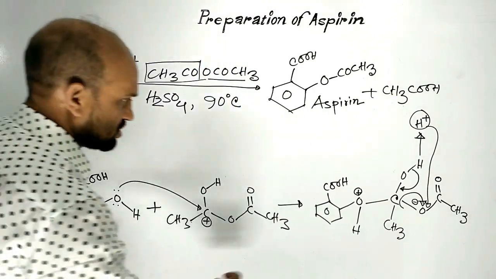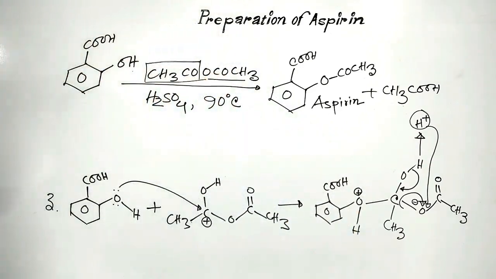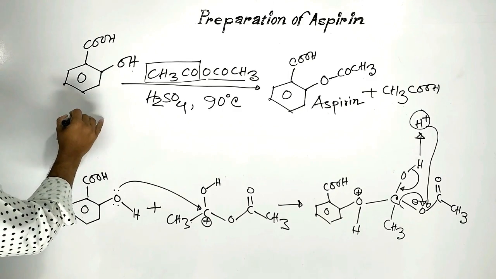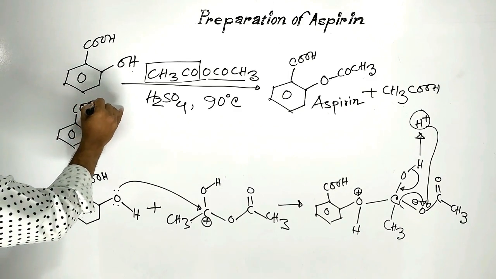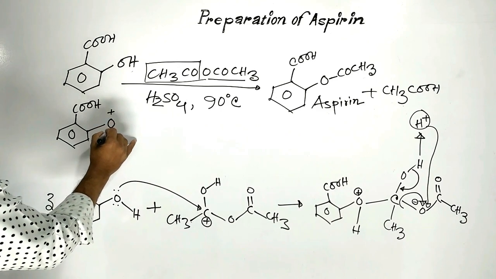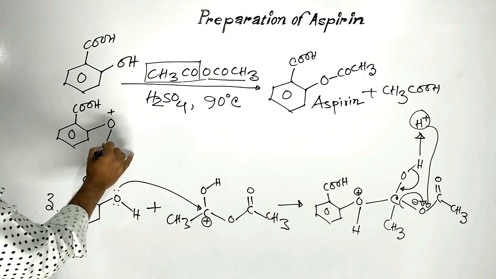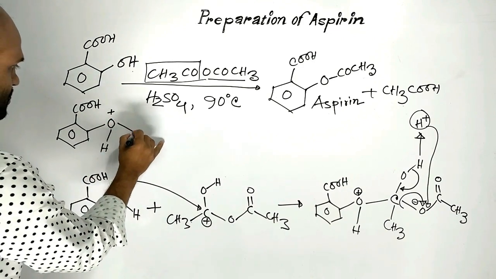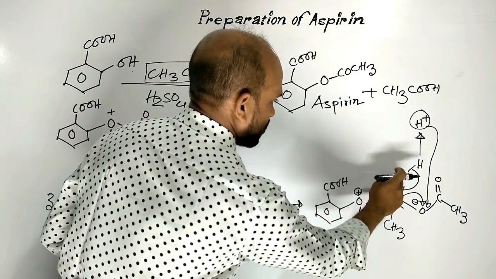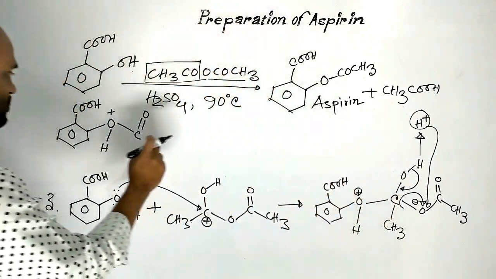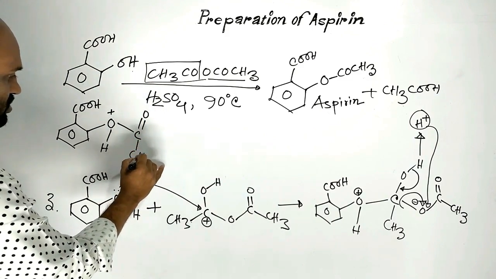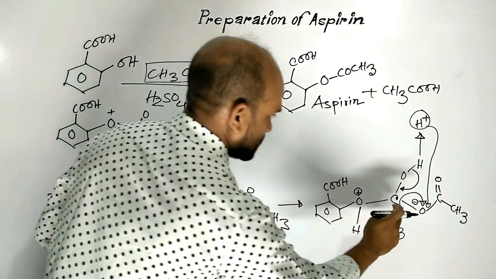New entity from this one, that is, here oxygen with positive charge, hydrogen, carbon oxygen double bond, carbon oxygen single bond turns into carbon oxygen double bond with this carbon methyl group.